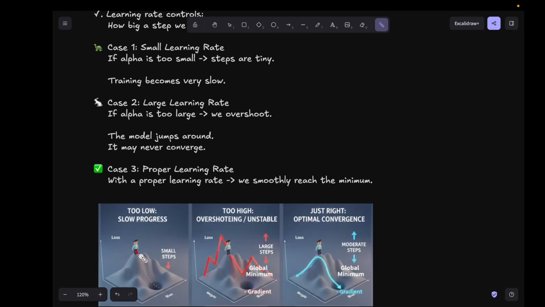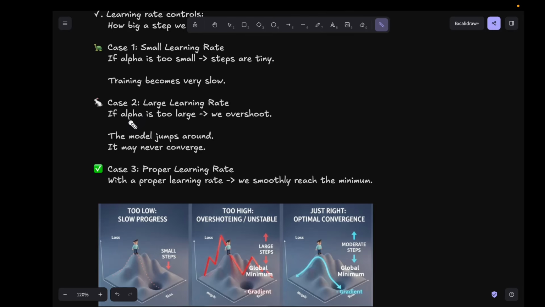If this person wants to come from this point to this point, it will take much time taking the small, teeny steps, so the training becomes very slow. And if the learning rate is large, like if alpha is too large, we overshoot it.